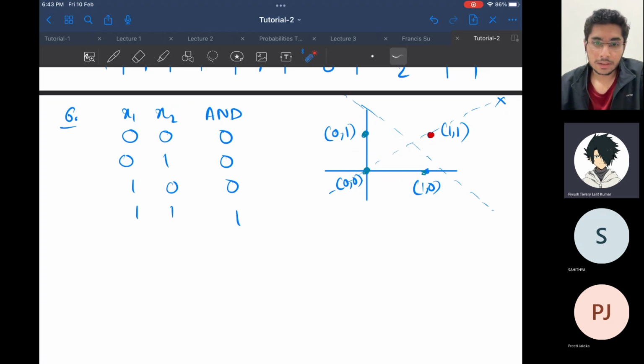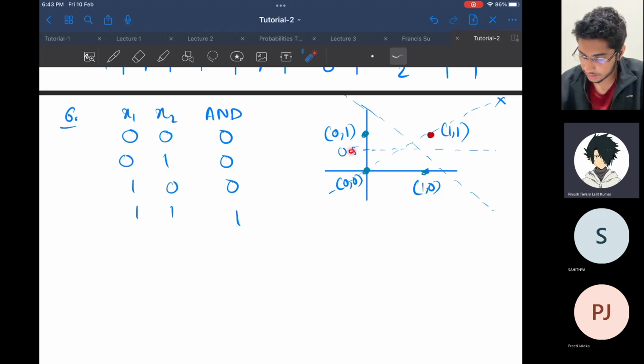Then you have another option. You have a line that goes from some point 0.5, and there is a line that goes like this.